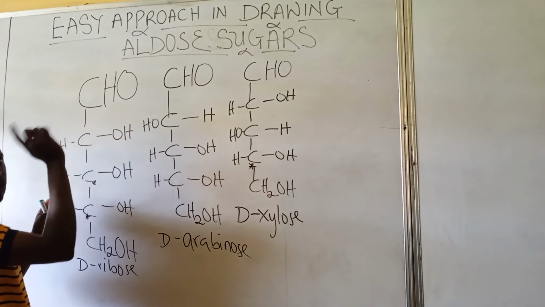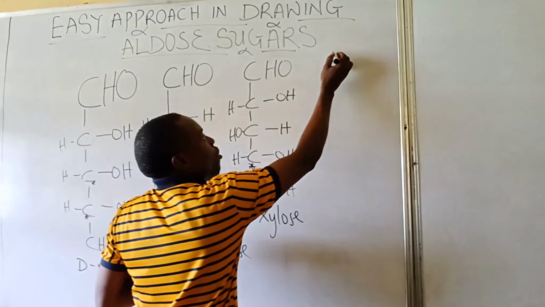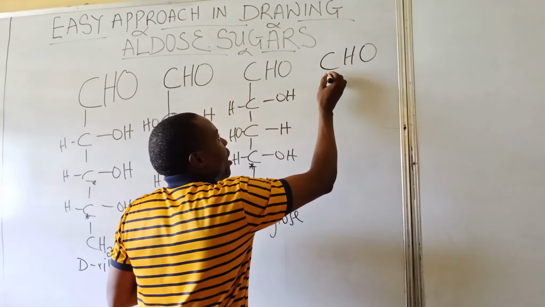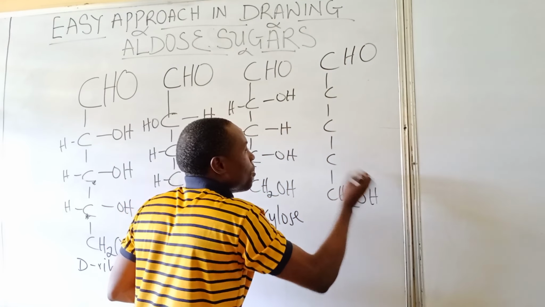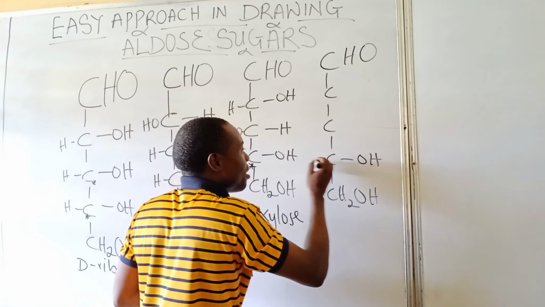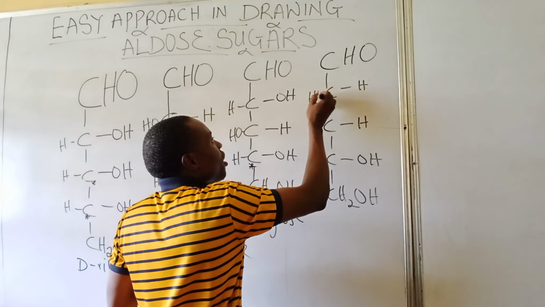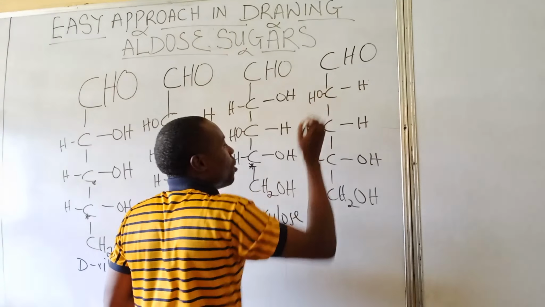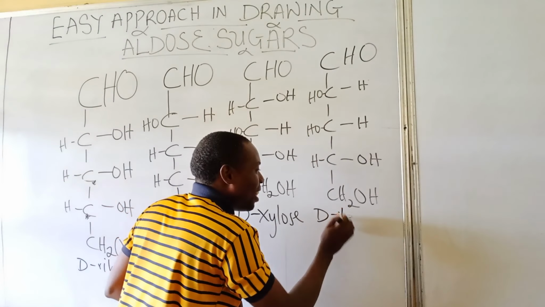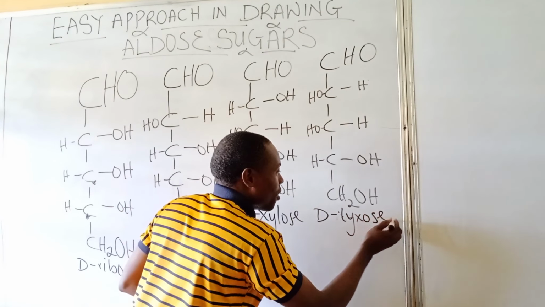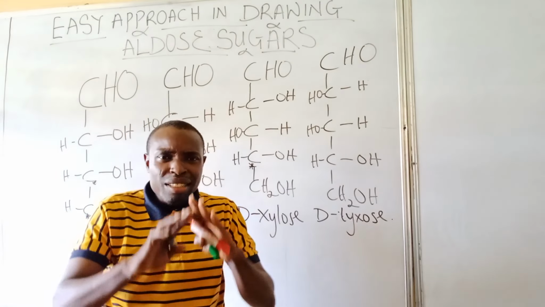The two will now move to give us the last structure, which is what we have right here. So this one still remains intact, H, HO. Now this is what we call the D-lyxose.